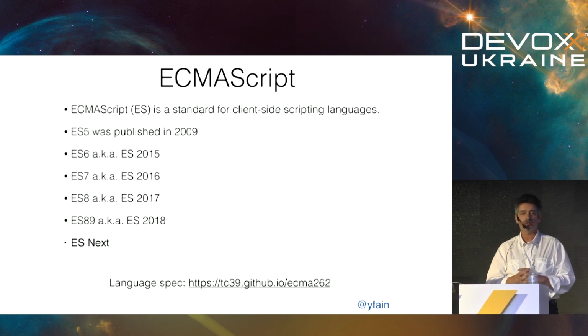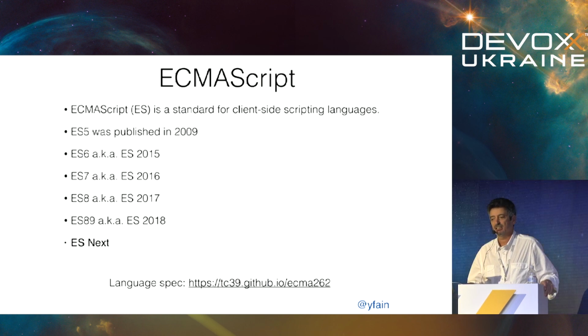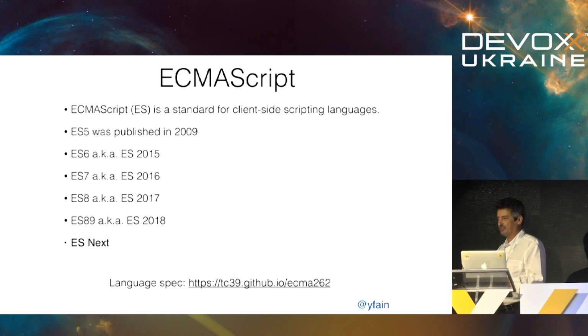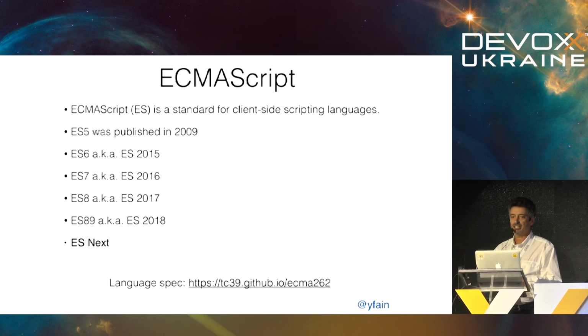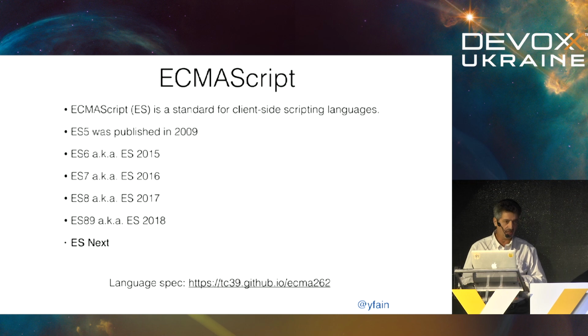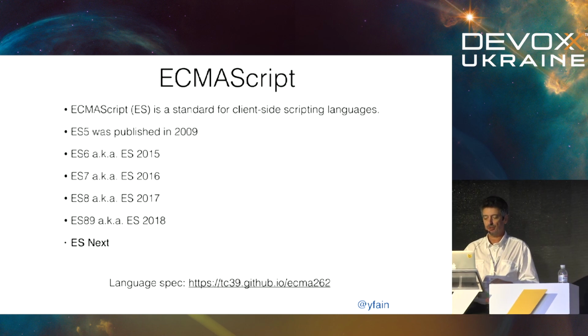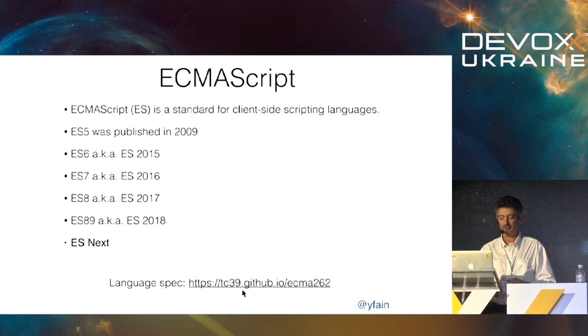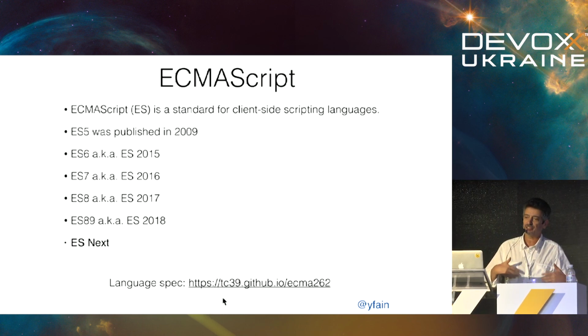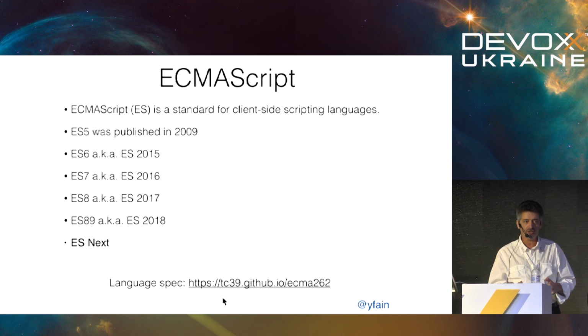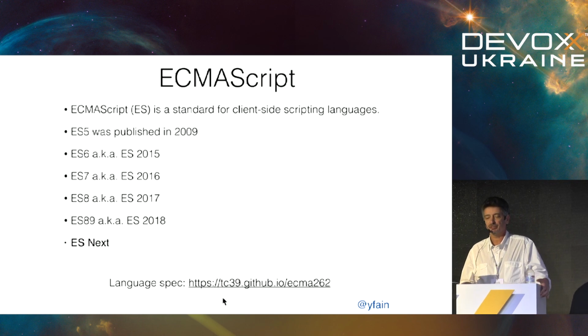And starting from 2015, the standard authority called ECMAScript decided to release a new spec for JavaScript every year, annually. It's called TC39, right there at the bottom. And starting from 2015, they started to release specs with new syntax, with new features. The major changes in that spec were introduced in 2015.